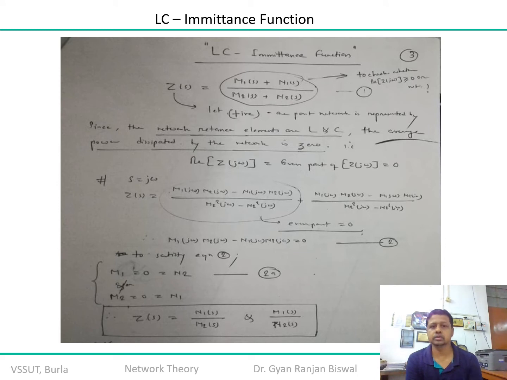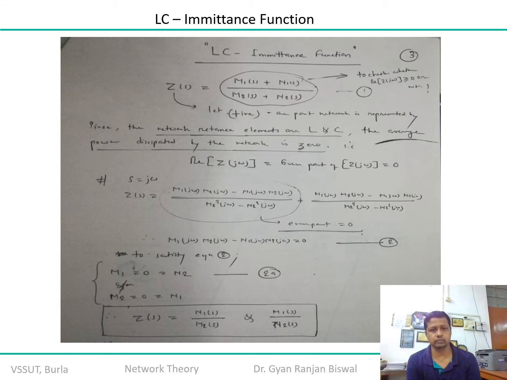If it is so, then s is replaced by j omega from equation number 1, as shown. And if you modify this particular transfer function, then from equation number 2, because the real part of this function should be equal to 0, we remove the imaginary part and equate the real part to 0. So the whole denominator vanishes in that case because the right-hand side is equal to 0.